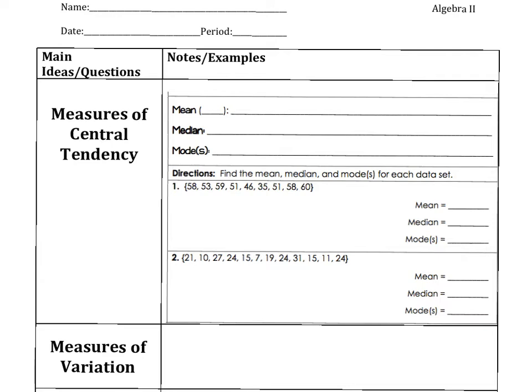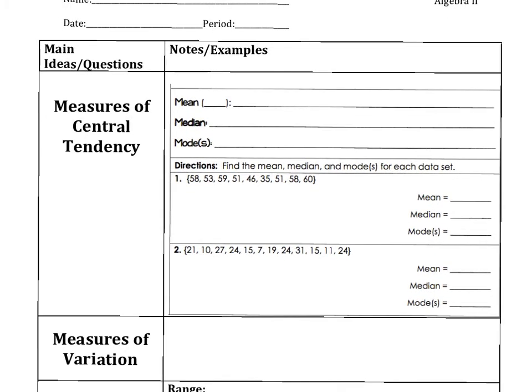We use the letter mu to distinguish the difference between mean, median, and mode. The mean is the average of a data set.